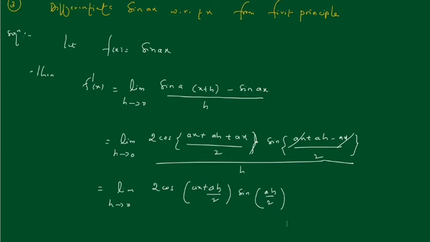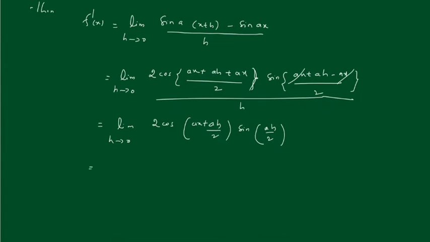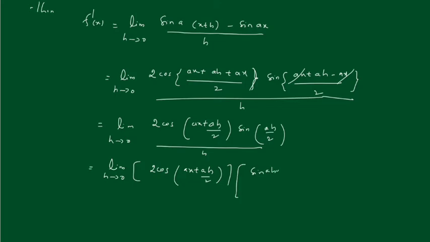So remaining we can write it here: limit h tends to 0, all divided by h as it is here. So 2 cos of (ax plus ah by 2) into sin (ah by 2) divided by h is there.